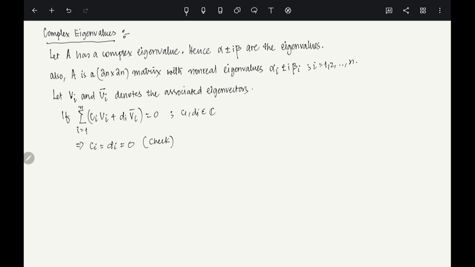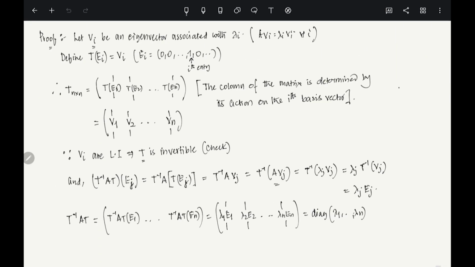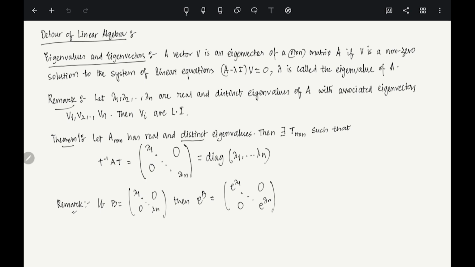So Ci and Di are going to be 0, for all i. Now the thing is this: we want to find a change of coordinates. Here what we did is a change of coordinates, and after that put it into diagonal form. So we also want to do a similar sort of thing here.